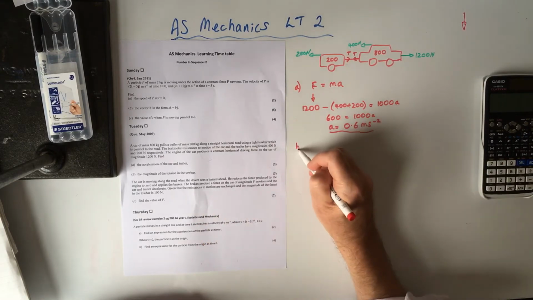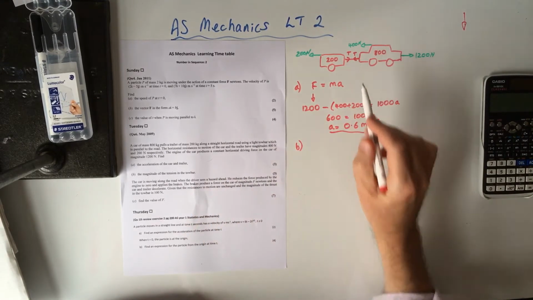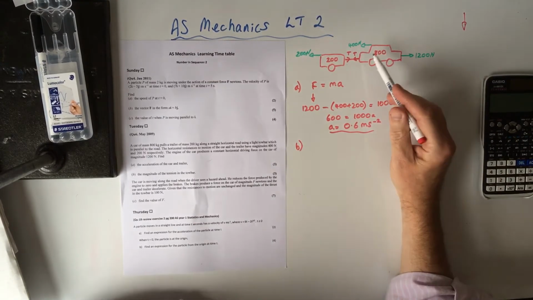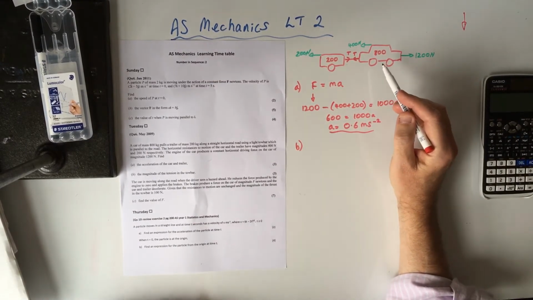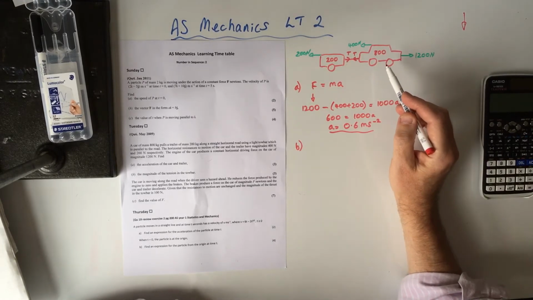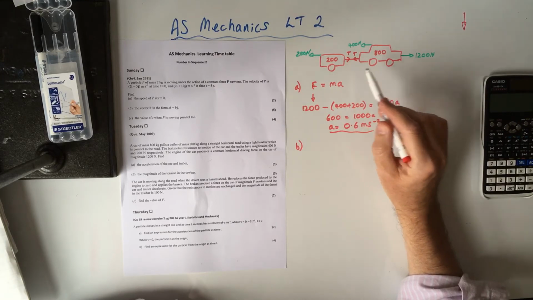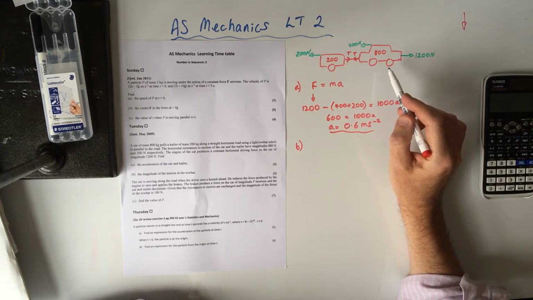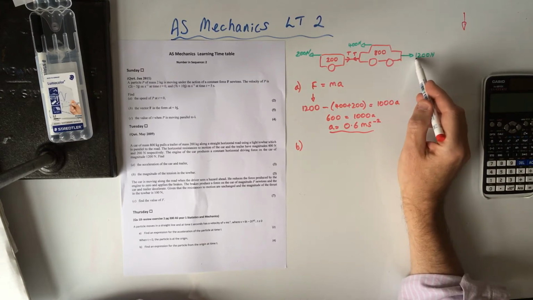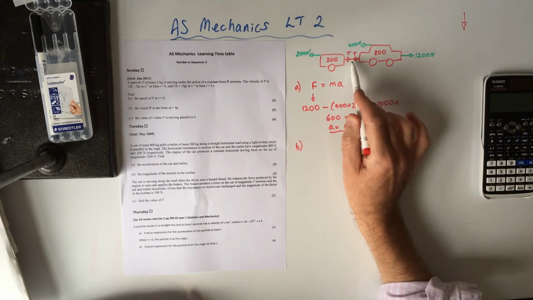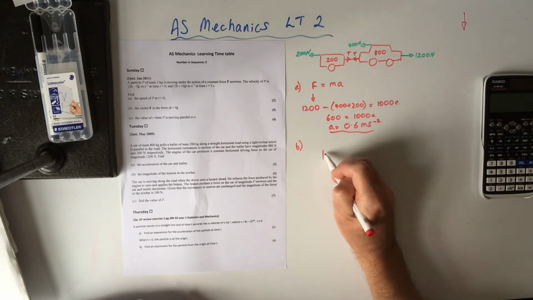Now B, the magnitude of the tension. Okay, so we can take either. This is where, on my connected particles series of lectures and lessons, we can take the car and the trailer separately. In fact, we should take it separately. Now I can take the car, but there's a few more forces in the car. There's 1, 2, 3. There's only 2 forces in the trailer, so I'm going to take the trailer.